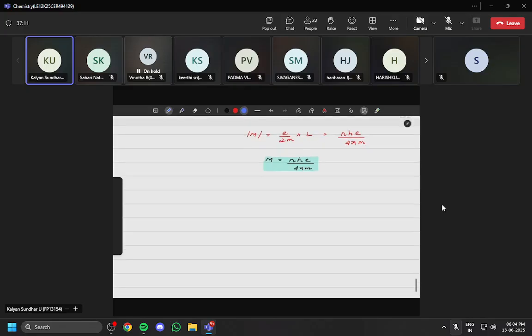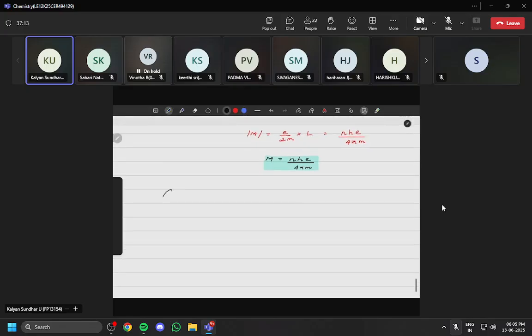Now, next comes non-conducting surfaces. If there is a non-conductor which is going to carry a charge of some positive charges like this, and it is about to rotate about its axis with some angular velocity, let it be omega.